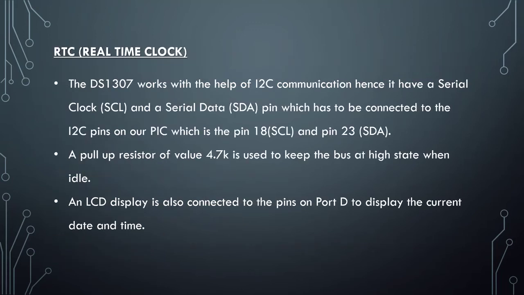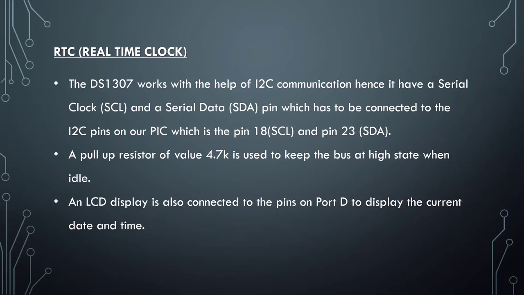Lastly, we have the RTC, the real-time clock, which refers to the DS1307, which works with the help of I2C communication, as we saw earlier. It has a serial clock and a serial data pin, which have to be connected to the I2C pins on our PIC microcontroller, pin 18 and pin 23. It has a pull-up resistor value of 4.7K to 100K, which is used to keep the bus at a high state when it is idle.